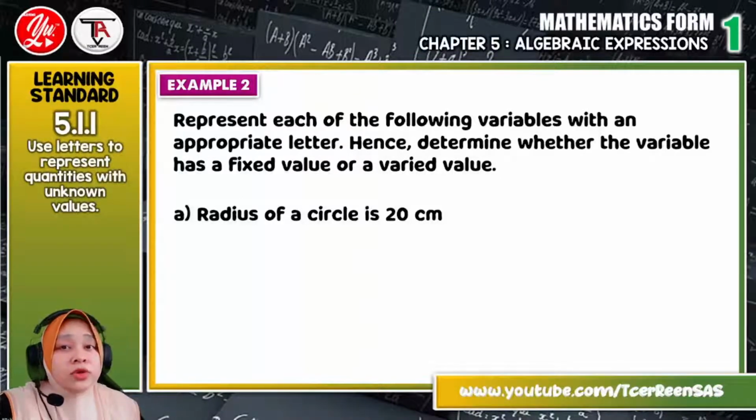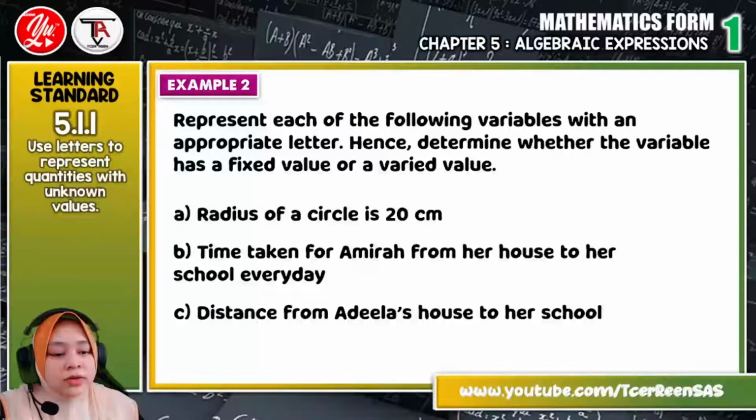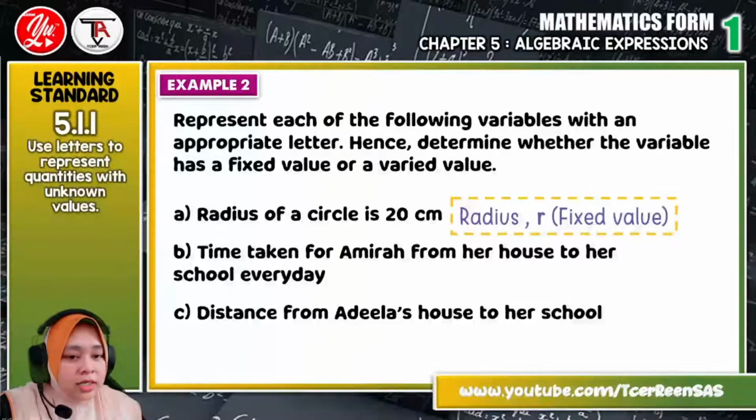If you change the radius, the circle also will change, it will refer to another circle, not the same circle. So for A, the answer is radius. The other question asks us to give an appropriate letter. The most appropriate letter here is R, for radius, and the value is fixed.